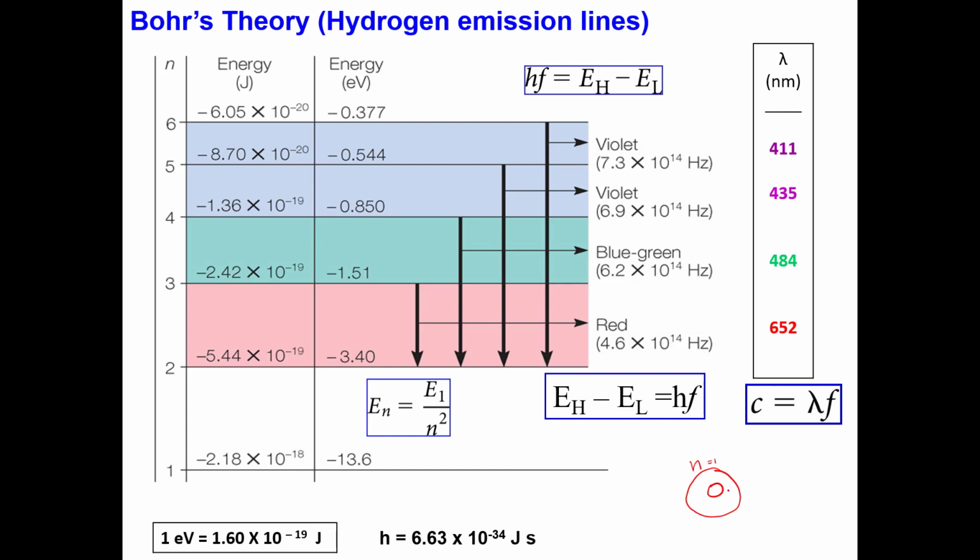Yes, this is represented by this one. n equal 2, then this 2 is represented by this orbit. And this value here is the energy that corresponds to this orbit.